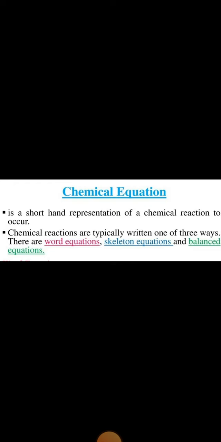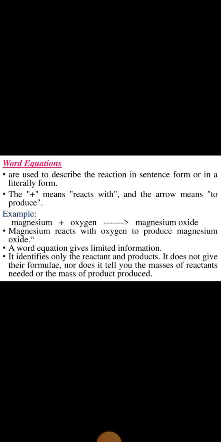These are the three ways in which you can represent a chemical reaction with the help of a chemical equation. One by one we will understand how you can represent a chemical equation. First, let's see the word equation.